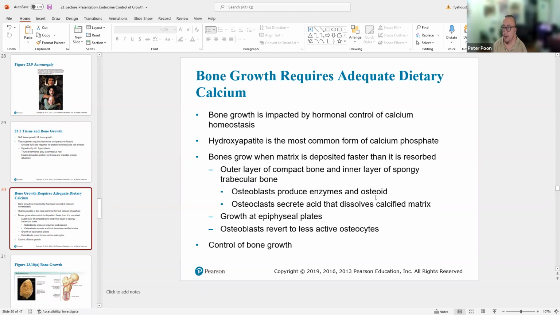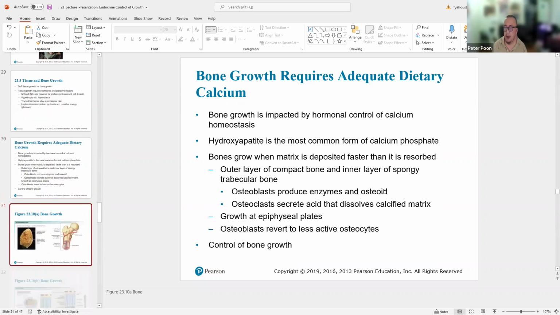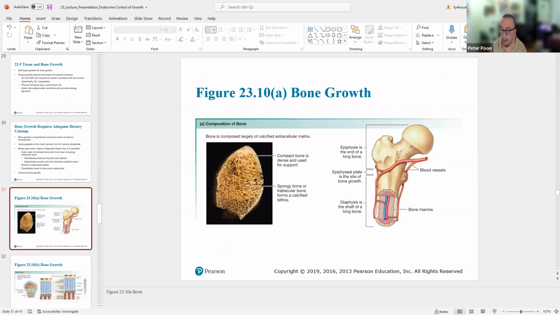You have osteoblasts that produce osteoid, and osteoid is what solidifies into solid bone. Osteoclasts dissolve bone.